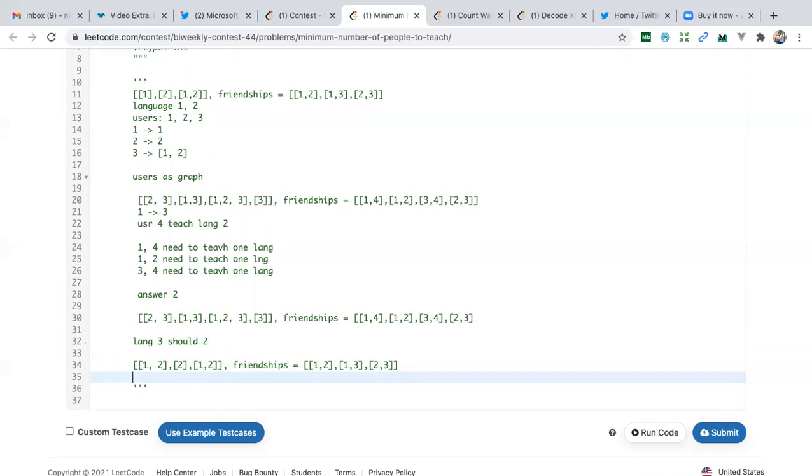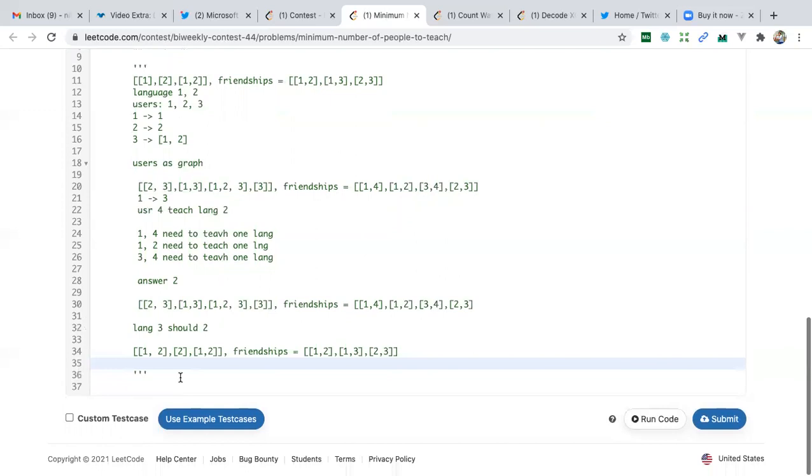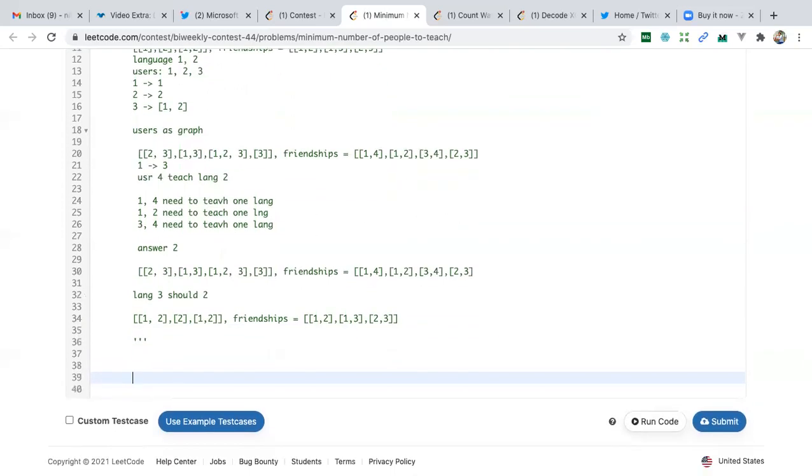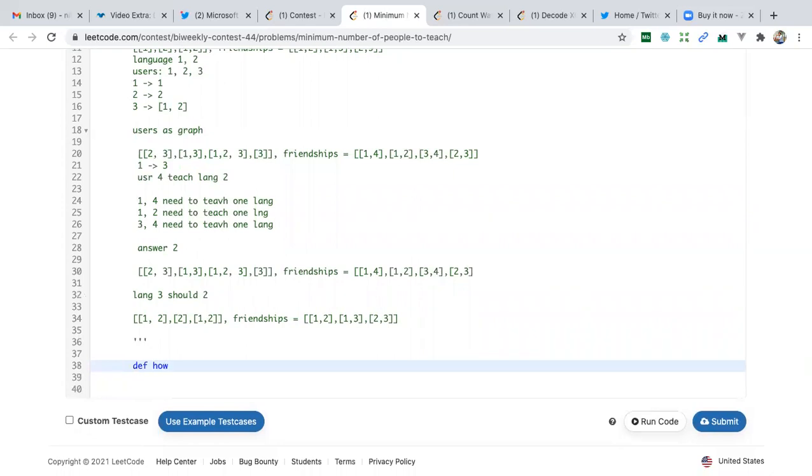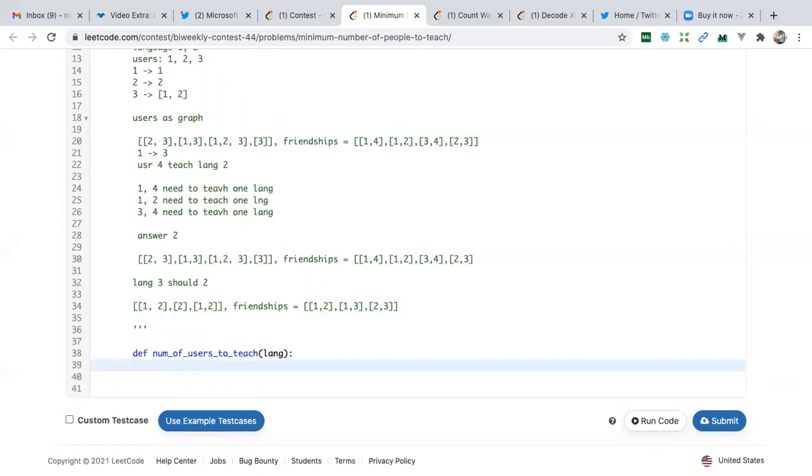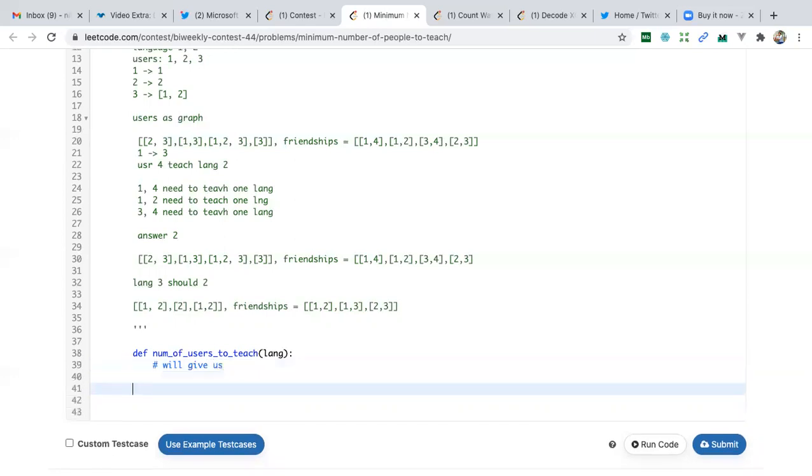Now how to implement it? So we can define a function, number of users to teach, and we can pass the language number and it will give us the answer.